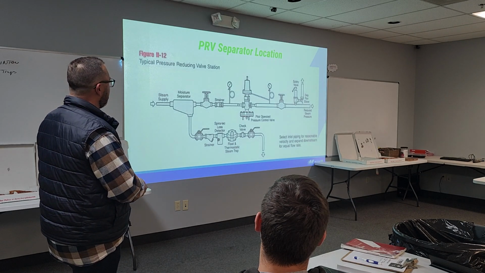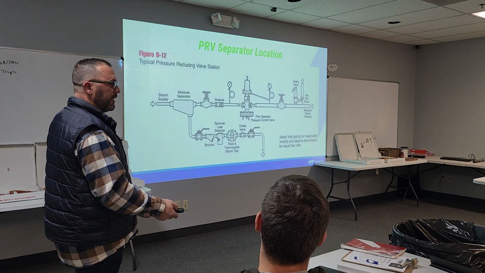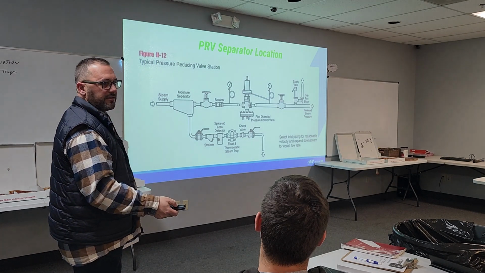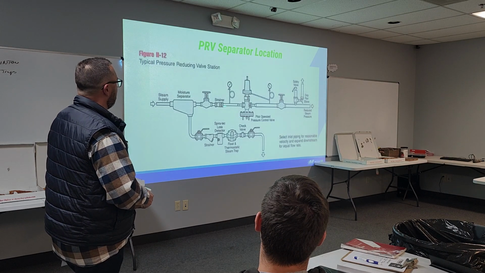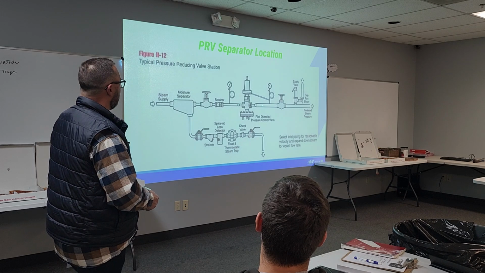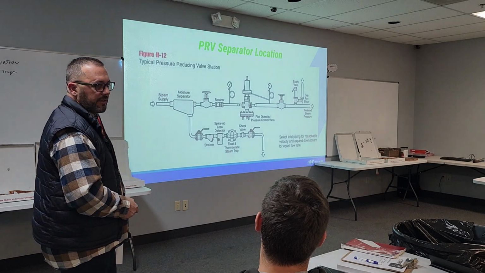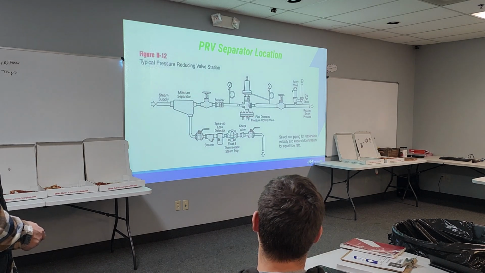You're reducing pressure, the volume goes up, and you can only fit so much steam through a given pipe size. So if that's a 1-inch PRV, and we had 1 inch on the inlet and 1 inch on the outlet, we would be choking the steam down, if that makes sense.